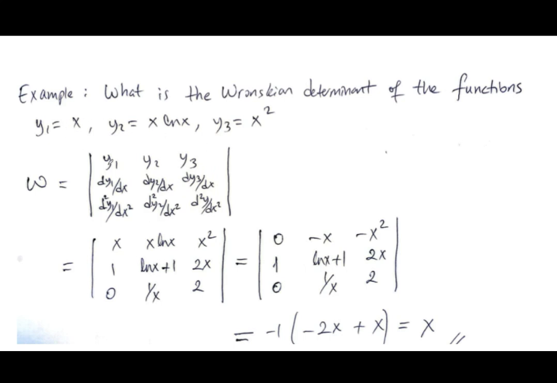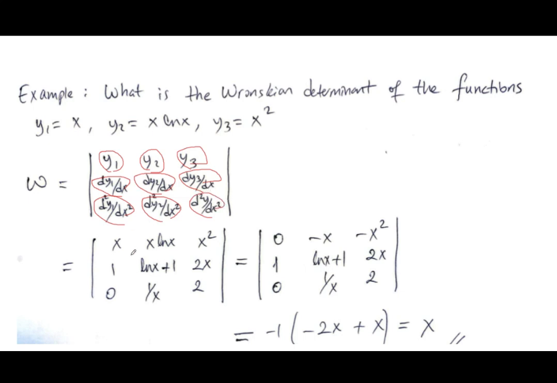And basically the elements of the Wronskian determinant, first you need to write down the functions itself, y1, y2, and y3. And then you need to go for the derivatives. Write down the first derivative of each function. So these are the first derivatives of each function with respect to x. And then we need to go to the second derivatives, again applied to each of these functions.